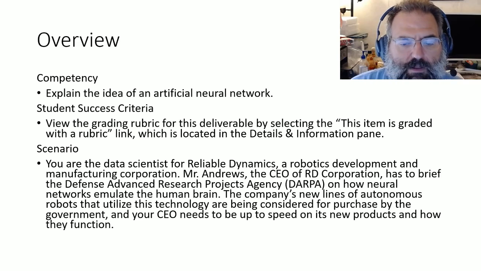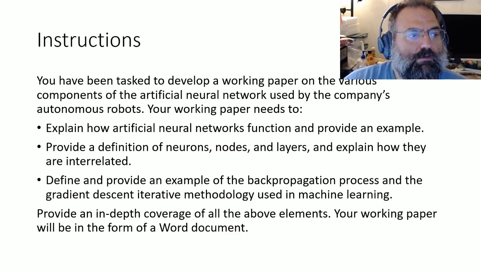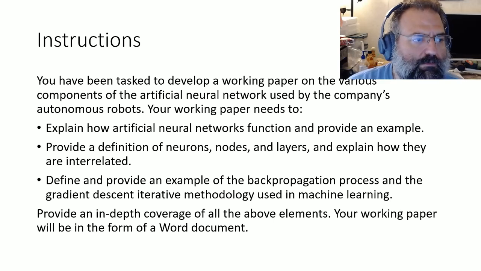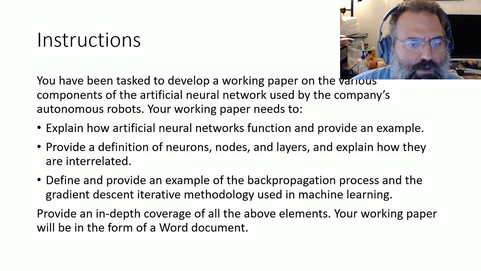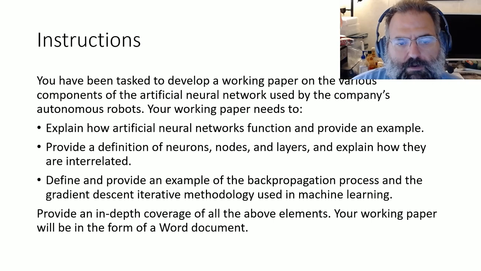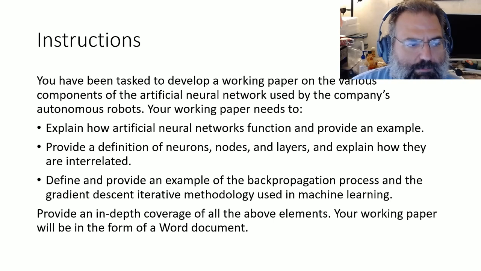The company's new line of autonomous robots that utilize this technology are being considered for purchase by the government, and your CEO needs to be up to speed on basically what it is and how they function. So you've been tasked with developing a working paper on the various components of artificial neural networks used by the company's robots. Your paper needs to explain how artificial neural networks function and provide an example.